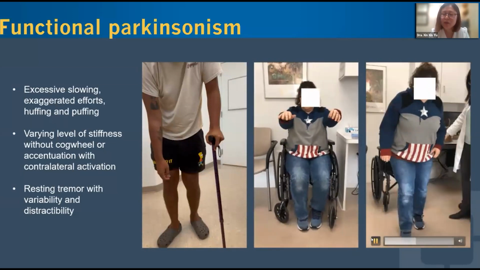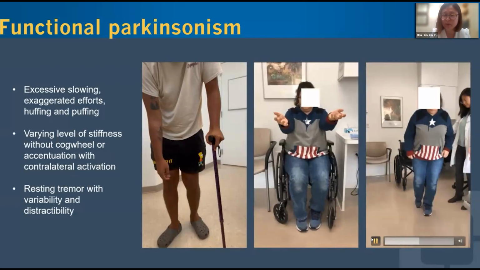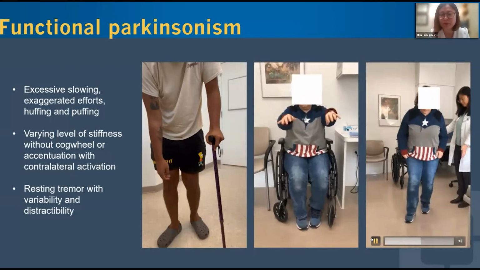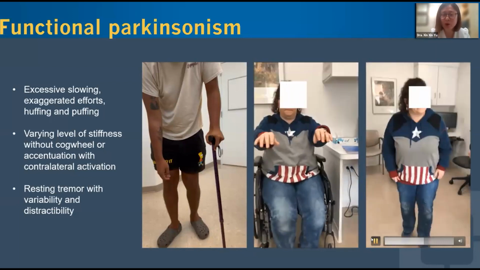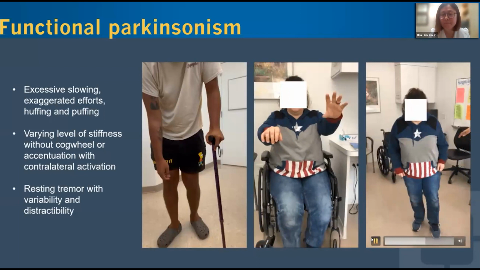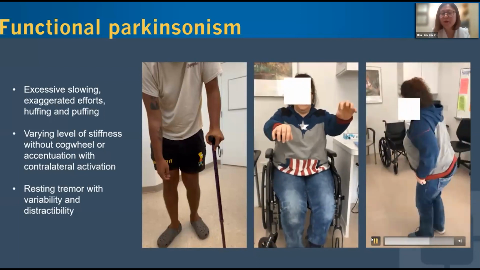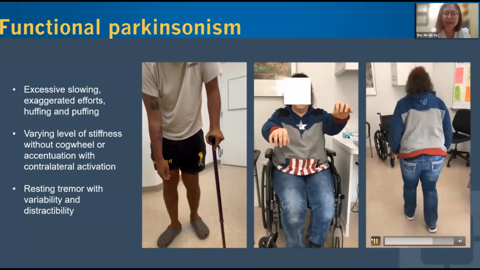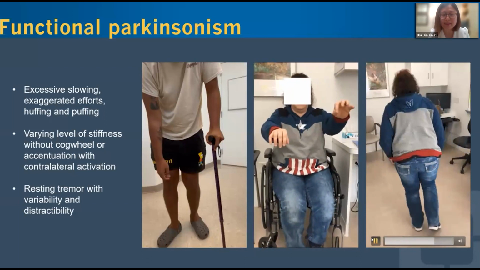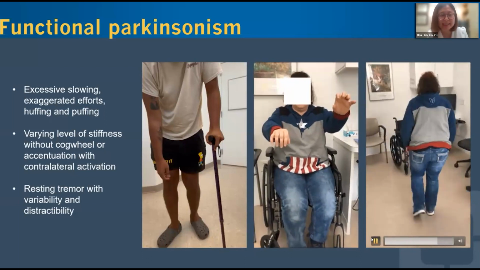And patients may also exhibit a resting tremor that appears variable and distractible, that we discussed earlier under the tremor segment. And for assessment of functional Parkinsonism, a dopamine transporter scan can also be a helpful tool. But oftentimes, relying on these positive clinical findings is sufficient to help us make a diagnosis without any other redundant testing.